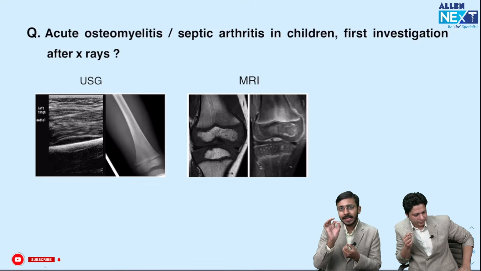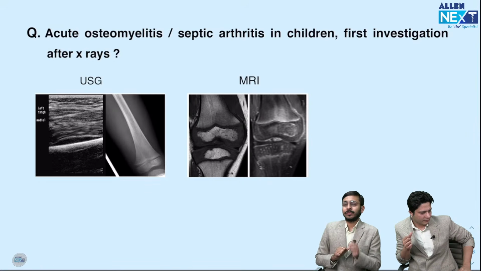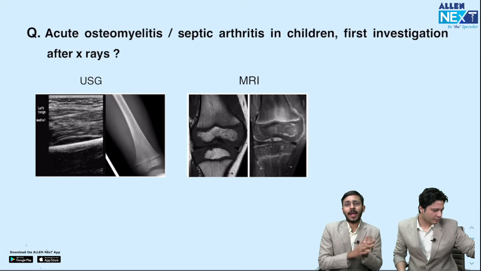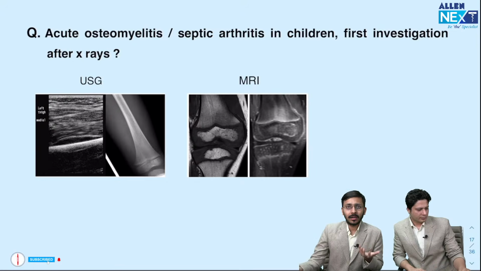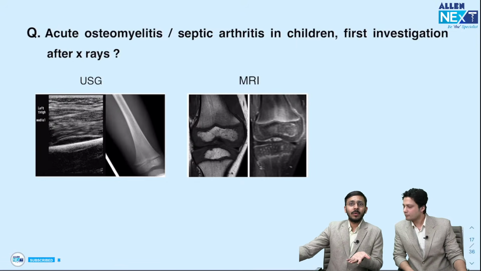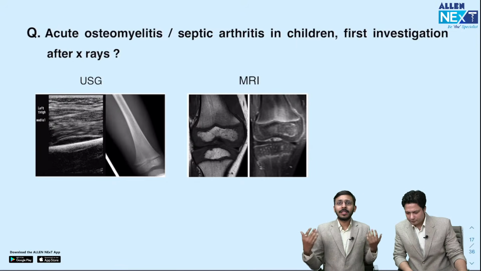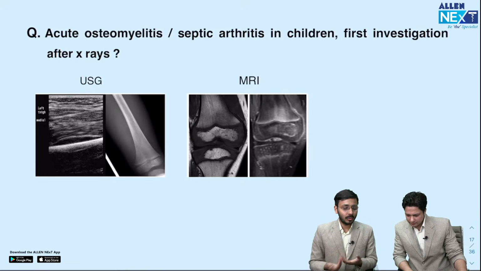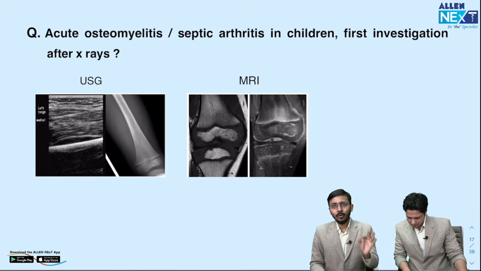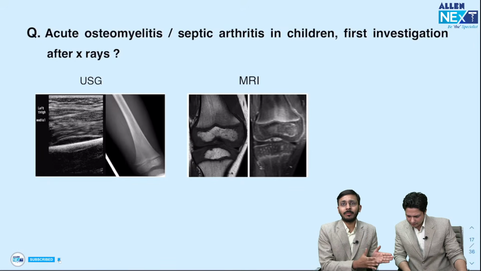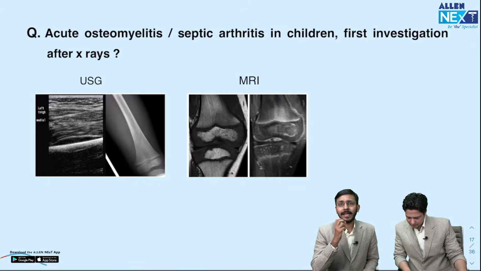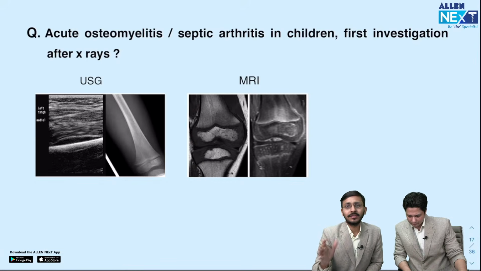But especially in children, when the question is asking about septic arthritis or acute osteomyelitis, and you have both ultrasound and MRI available: typically for bone evaluation, ultrasound is not used, either an X-ray or a CT is used. But in an early stage of acute osteomyelitis, even on an X-ray, the bone lesions are not seen.